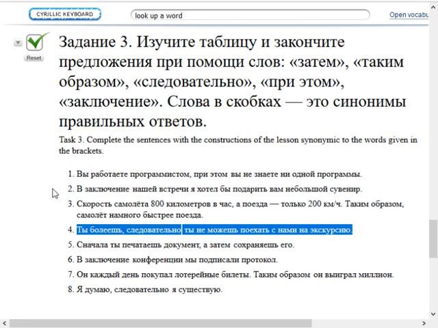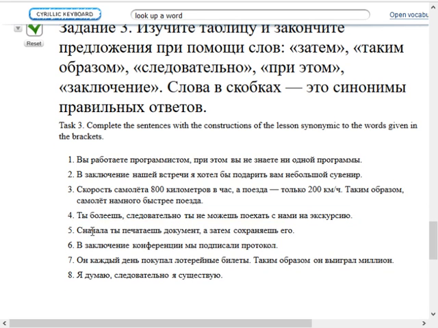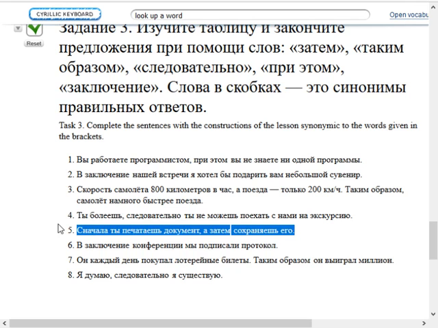Ты болеешь, следовательно, ты не можешь поехать с нами на экскурсию. You are sick. It follows as a consequence of that, you cannot drive with us on the excursion, on the trip. Сначала ты почитаешь документ, а затем сохранишь его.